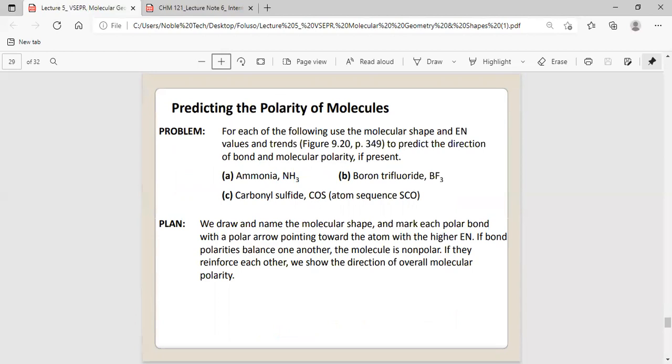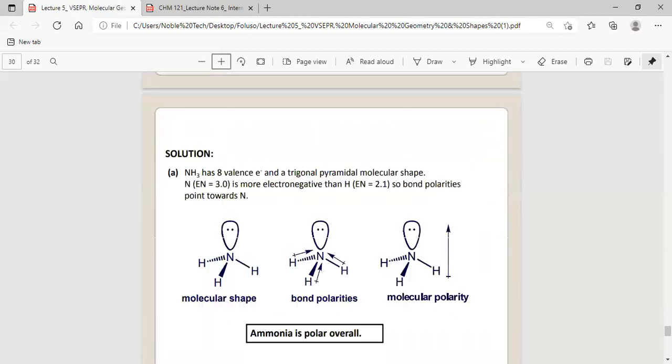Now, the first thing we need to do is to draw their molecular geometry. Starting with ammonia, ammonia has higher electronegativity for nitrogen and lower electronegativity for hydrogen. So this is the molecular structure of ammonia.